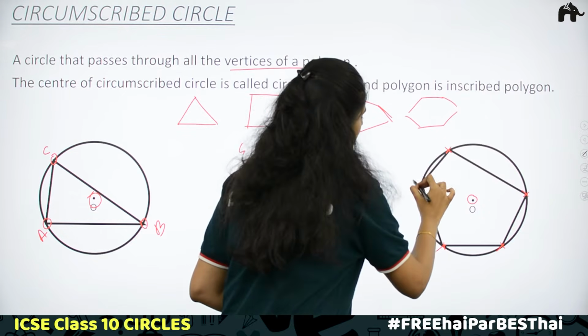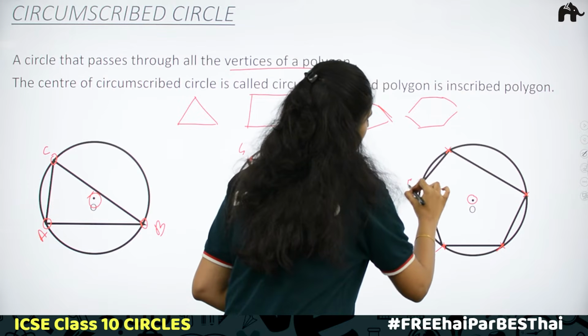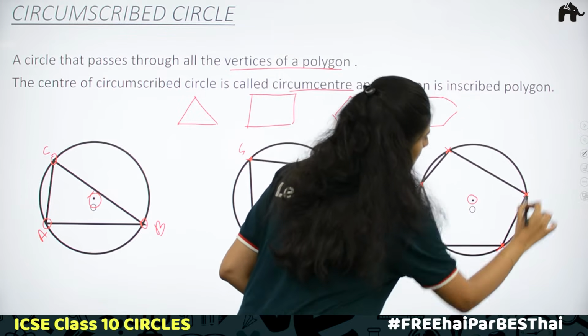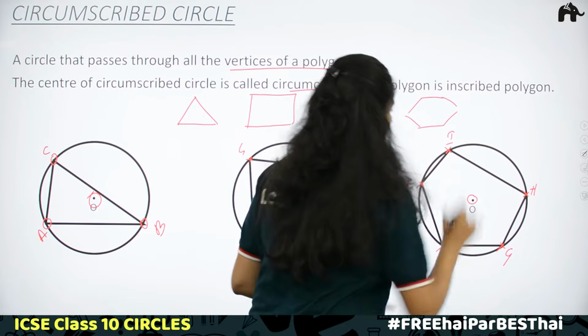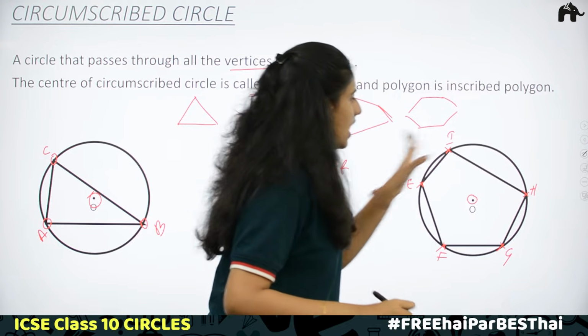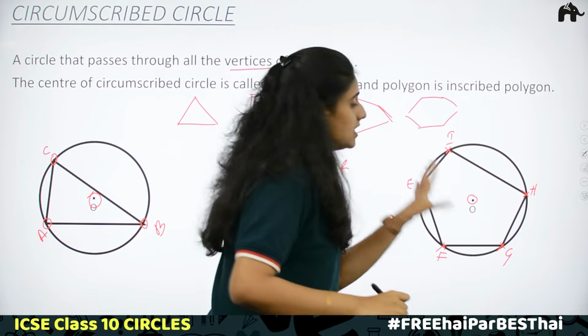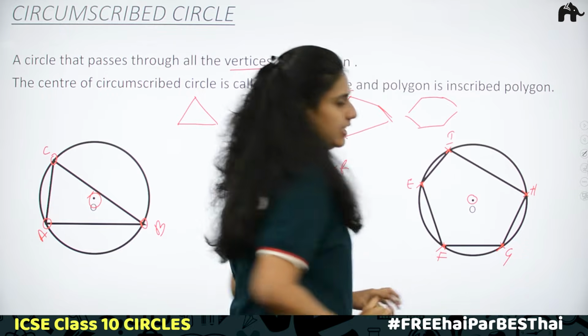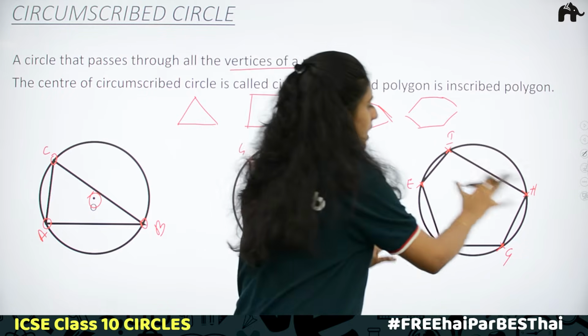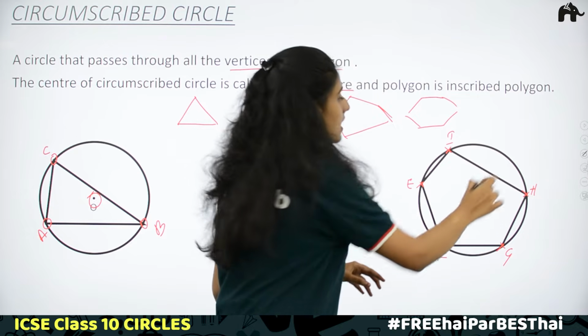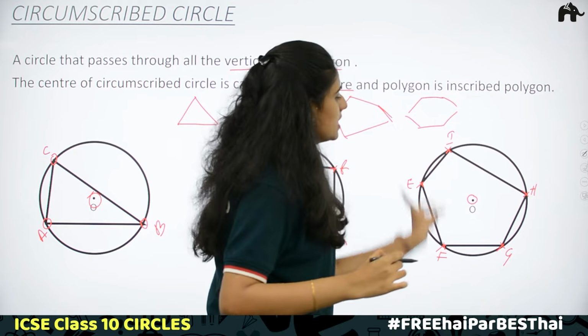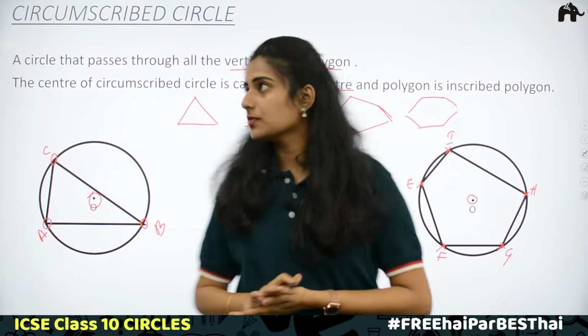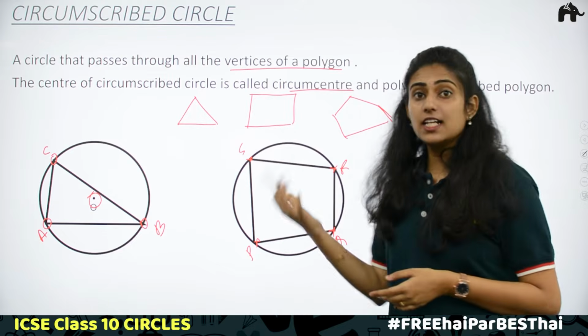And here EFGHI. EFGHI is a 5-sided polygon, and this is an inscribed polygon. Okay, this is a 5-sided inscribed polygon in the circumscribed circle. Understood? So this is the idea about circumscribed circle.